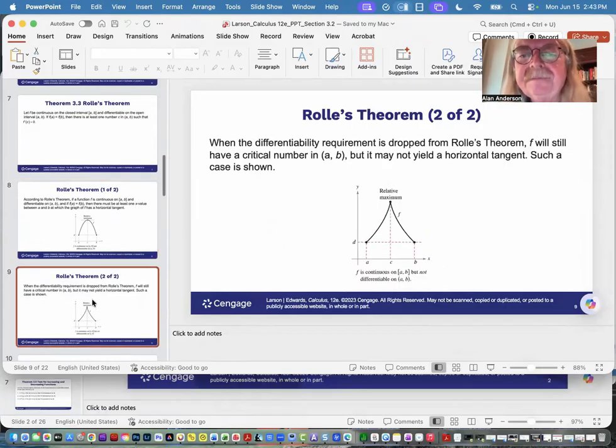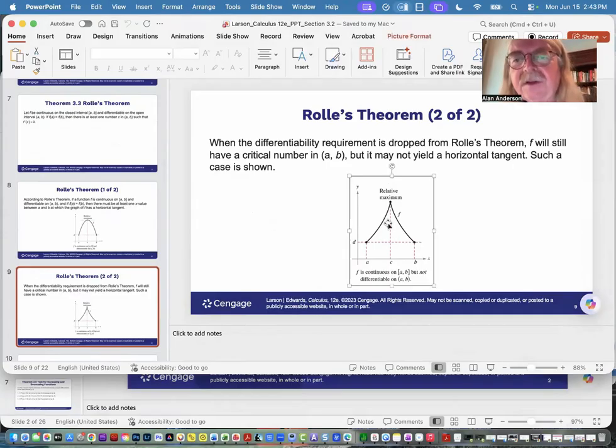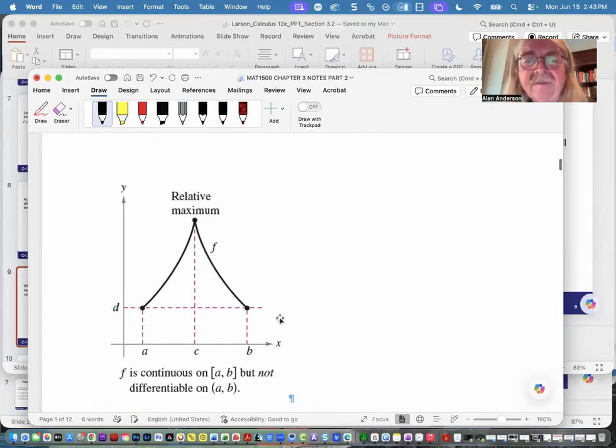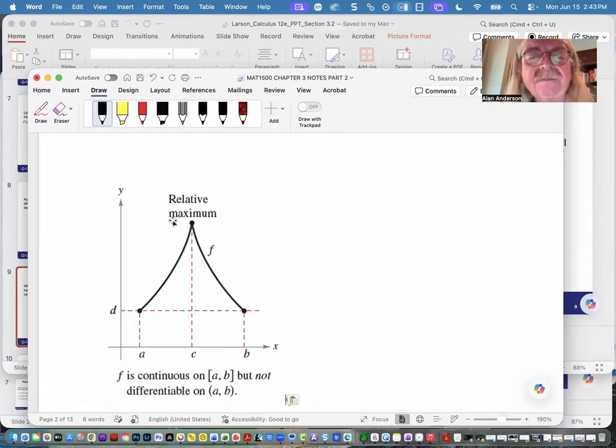Okay. So then they're going to show us another case where the differentiability requirement is dropped from Rolle's theorem. Like here, if you notice, it assumed that the function is differentiable everywhere except potentially at the endpoints. Here, if you remember from the other day, when we have a sharp break like this, then the derivative is undefined at that point.